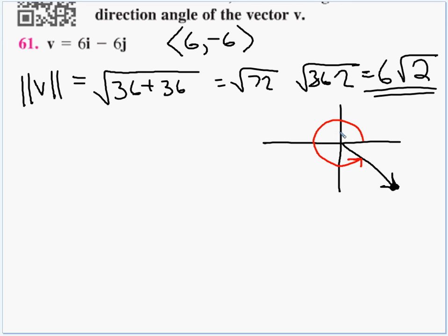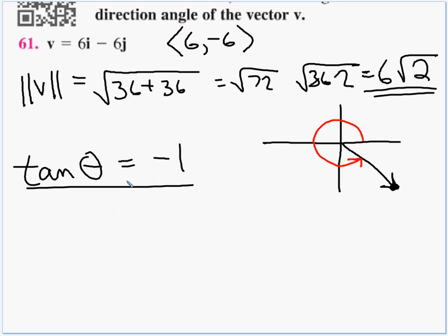So we're looking for a pretty big angle, somewhere between 270 and 360. Well, let's start doing our scratch work here. The tangent of this angle theta is going to be b over a, or -6 over 6, or that'll be a -1.